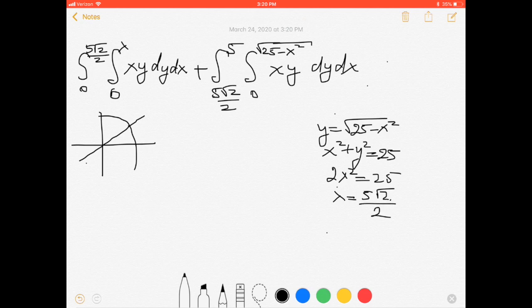This is exactly the upper border for the first integral and the lower border for the second. This means what will the first region be? The first region is this kind of region. It is region 1.